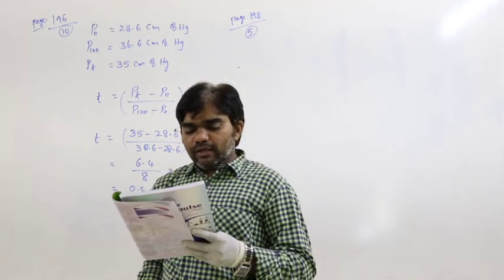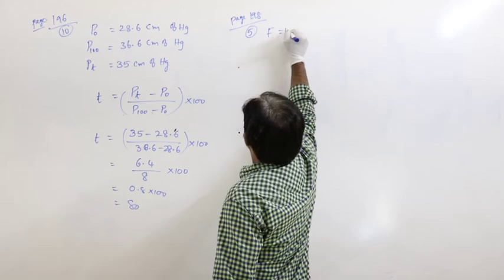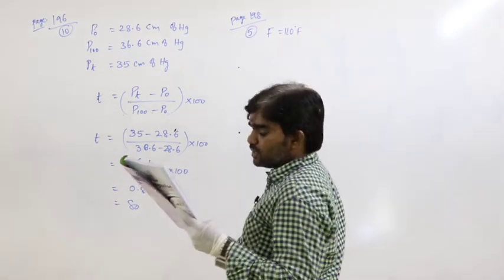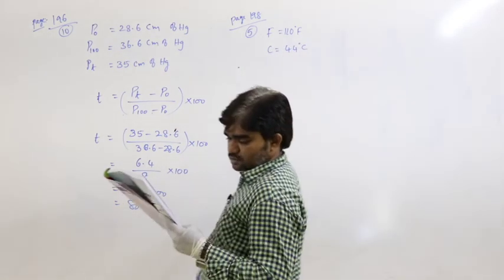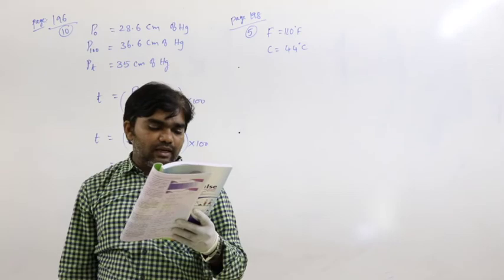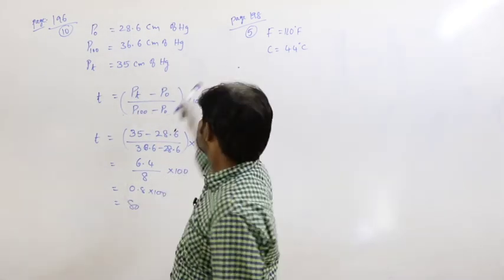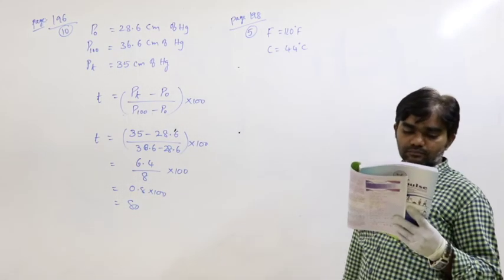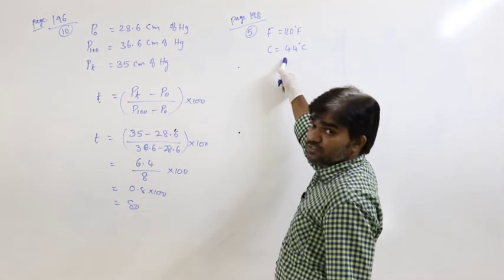A Fahrenheit thermometer registers 110 degrees Fahrenheit, and a Celsius thermometer registers 44 degrees Celsius. Find the error in the latter. Latter means Celsius. So Fahrenheit is 110, Celsius is 44.